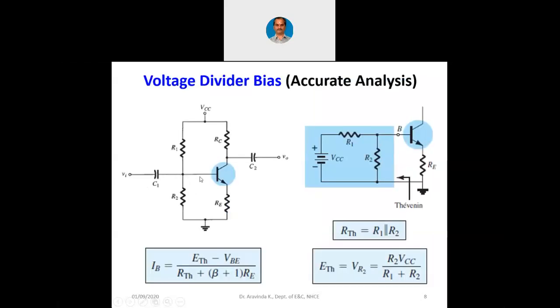When you look into the base, you will always see an input impedance or input resistance here, because it is nothing but the base to emitter junction there. So, the base to emitter junction will have its own finite resistance, and even this RE will get added to that resistance. And we have an amplification factor of the current inside the transistor, which means that when the AC signal comes inside, it is going to see an impedance here.